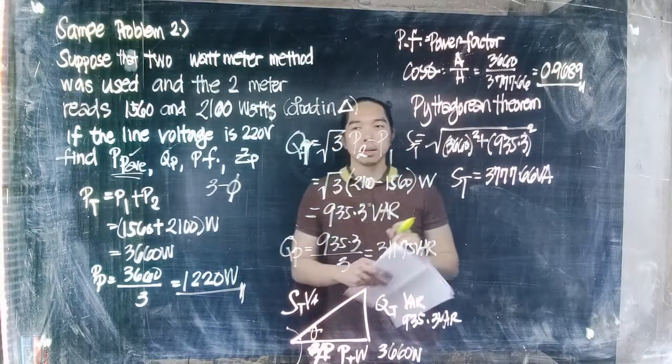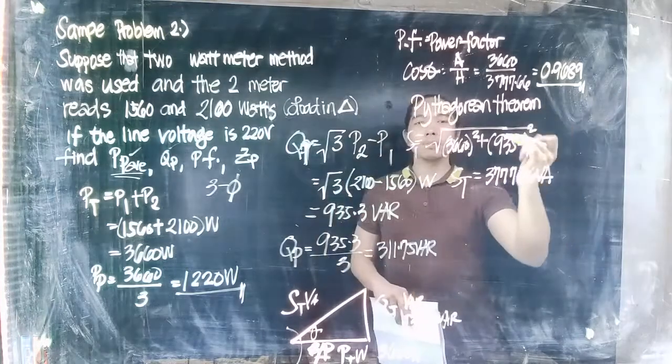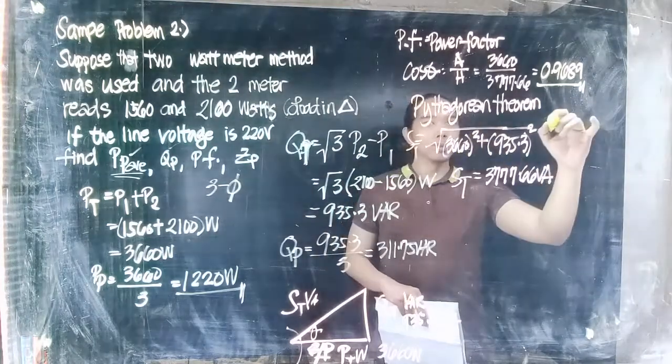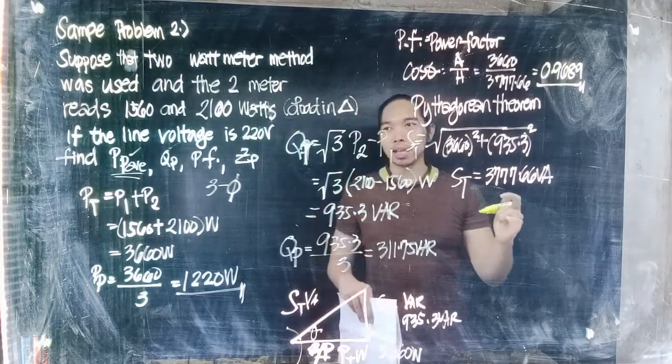Okay. So, another approach for that is if you use tangent theta, okay, makuha din natin siya. Okay. So ang phase angle, importante rin yan ngayon para sa next problem natin.